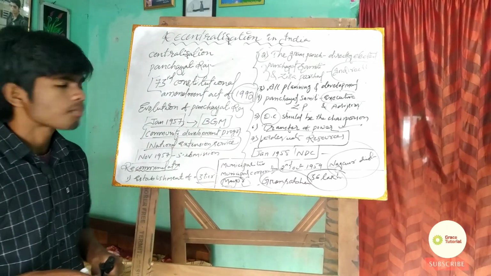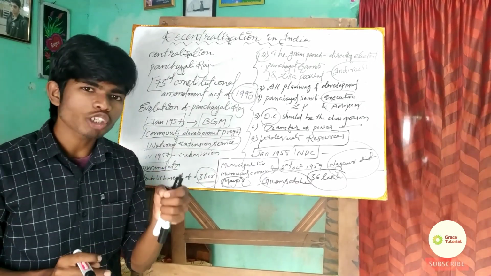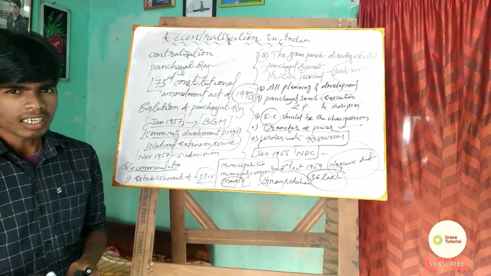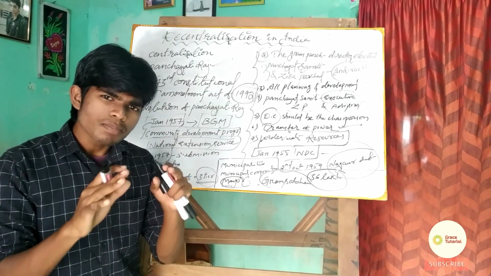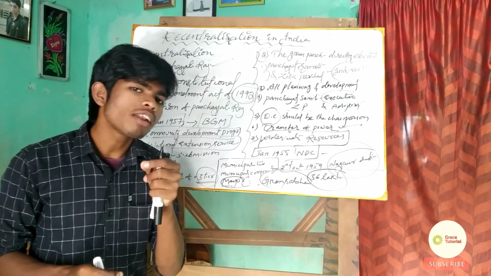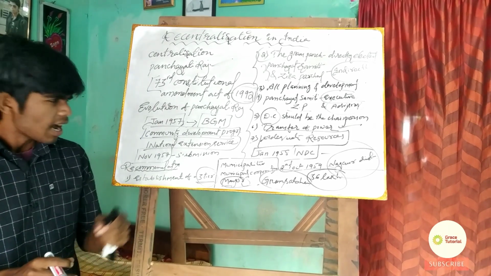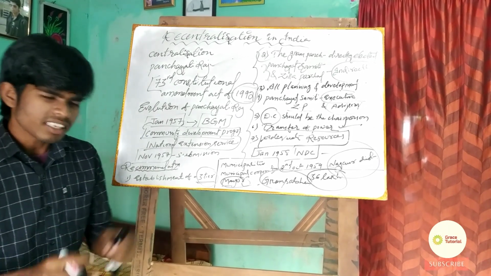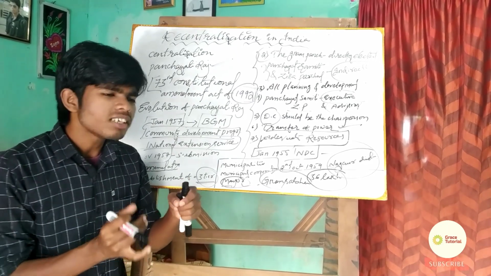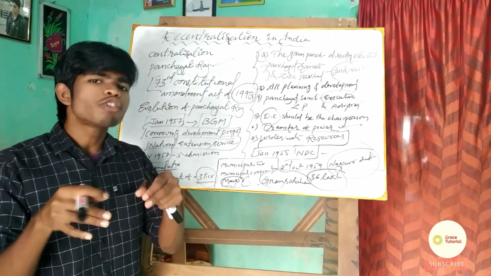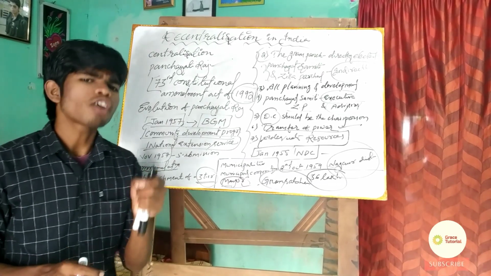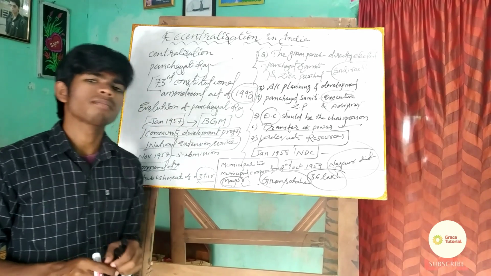Before this amendment, there was no regular election for these local government bodies. But after this amendment, elections have become mandatory for these local government bodies, and that too regular elections. And after this amendment, seats are reserved in these executive bodies for the scheduled caste as well as the scheduled tribe people, and at least one-third of the seats are reserved for women.